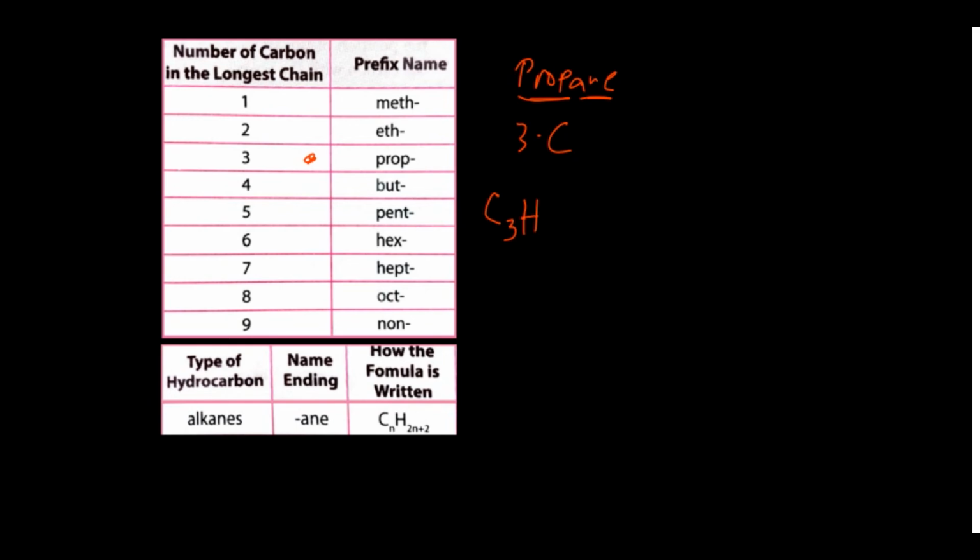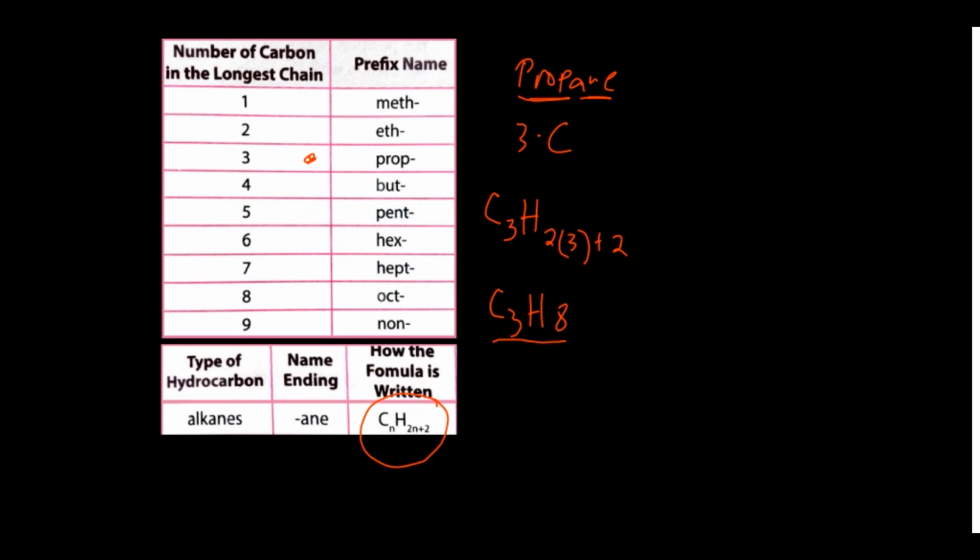How do you get the number of hydrogen? How will you know? So we just follow this formula. That would be 2 times the number of carbon. This one is 3, plus 2. So we now have C3H, 2 times 3, 6 plus 2 is 8. So this is the molecular formula for propane.